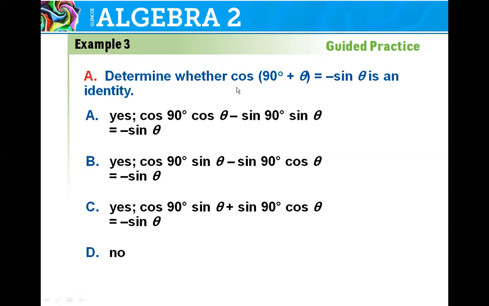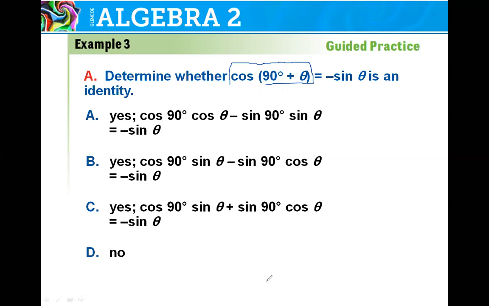The first step, we take this part, which is cosine(90 + theta), and substitute by the rule. Cosine(90 + theta) is equal to, who can help me? Okay, Hussein.